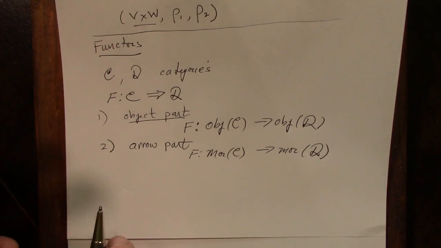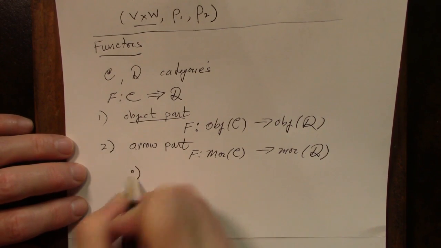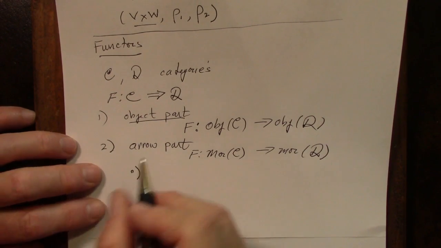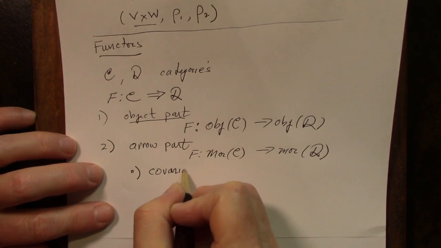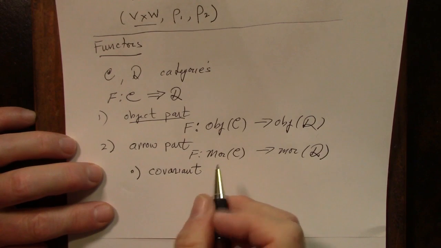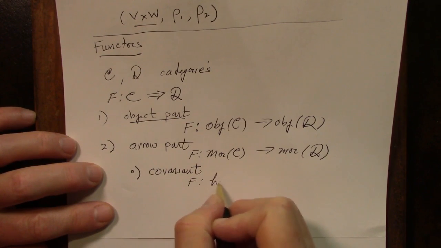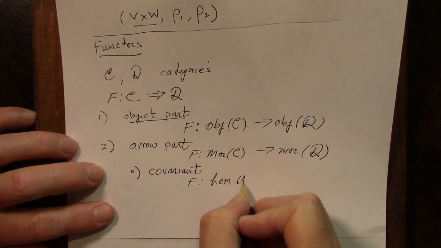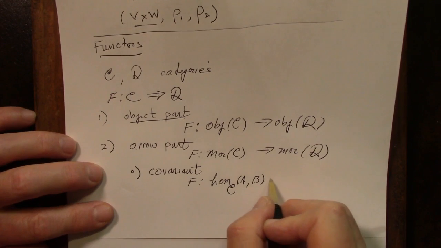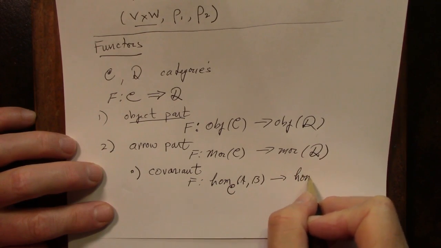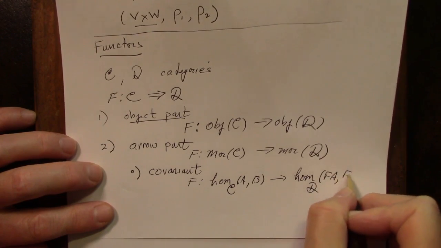But we have to be more specific. There are actually two kinds of functors: covariant functors map the local morphisms, say the morphisms from A to B in C, to the morphisms in D from FA to FB.